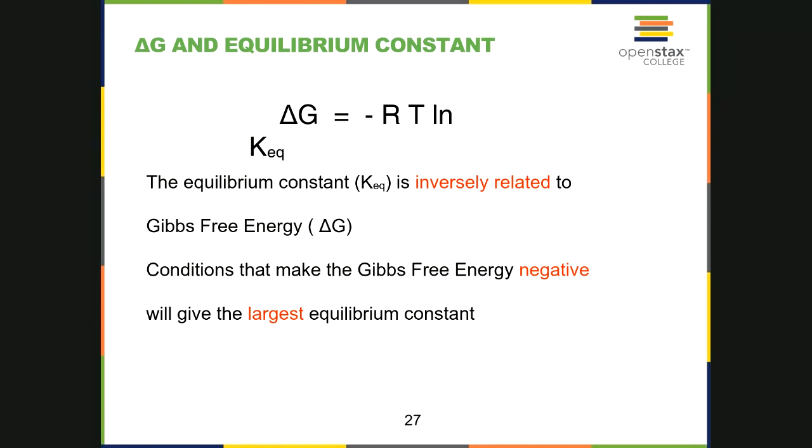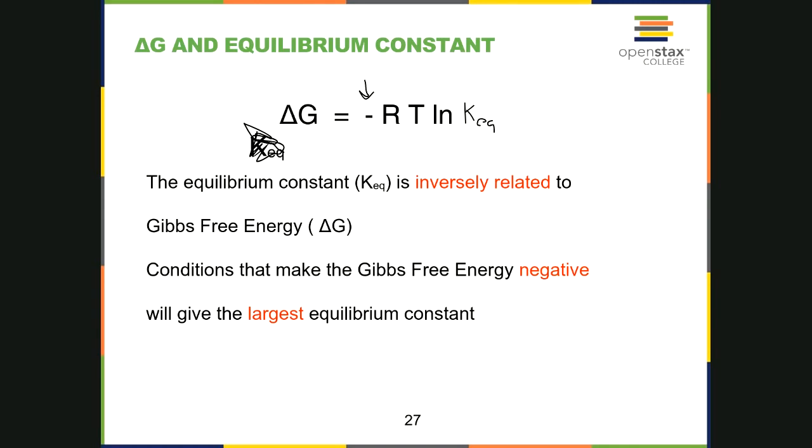Something happened and Collaborate took this and for some reason it put it down here, but that's not where it's supposed to be. It's supposed to be up there. So what this is saying is the Gibbs free energy is going to be equal to the negative, and then it's got some other stuff in there.